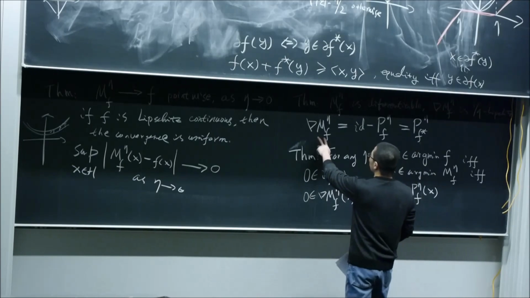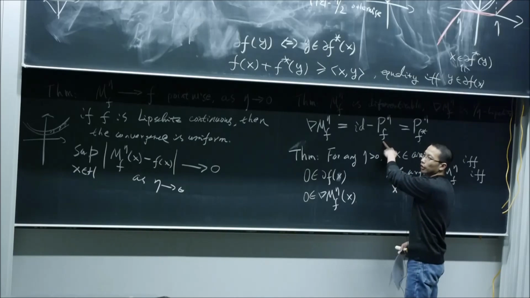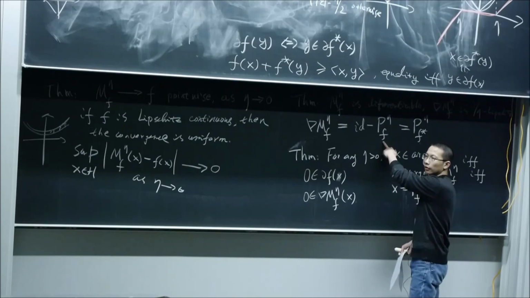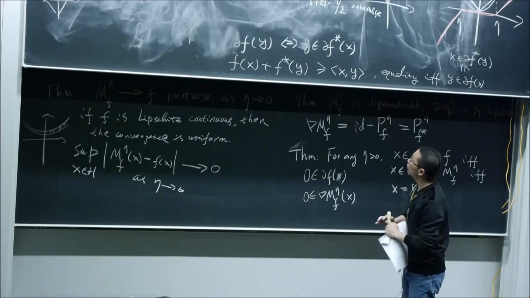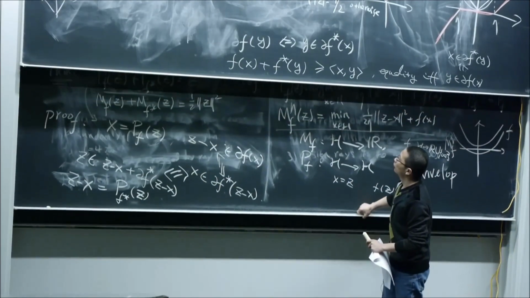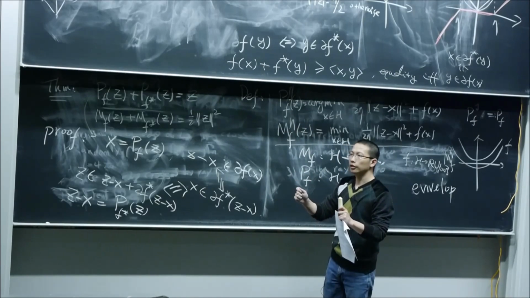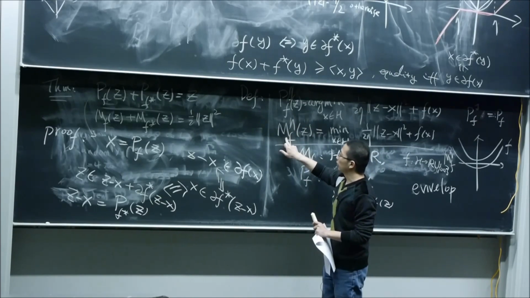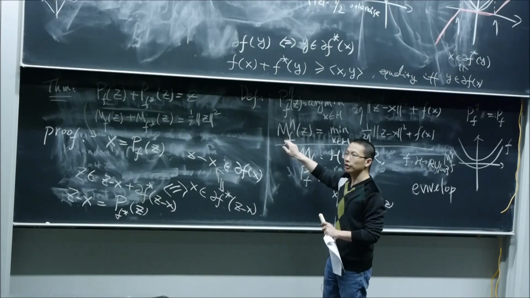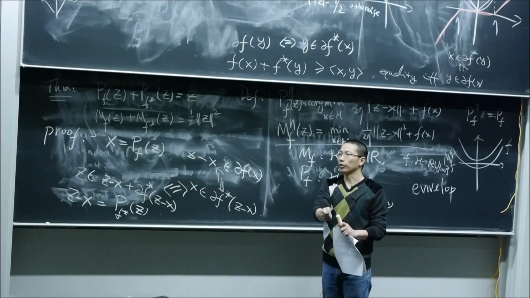So in order to compute the gradient of the envelope function, you need to compute the proximity operator of the function f. In some sense, the envelope function and the proximity operator are equivalent. If you know the envelope function, you take its derivative and you get the proximity operator.